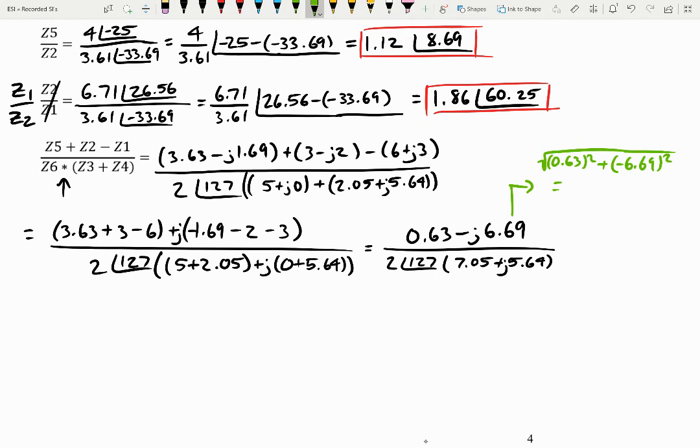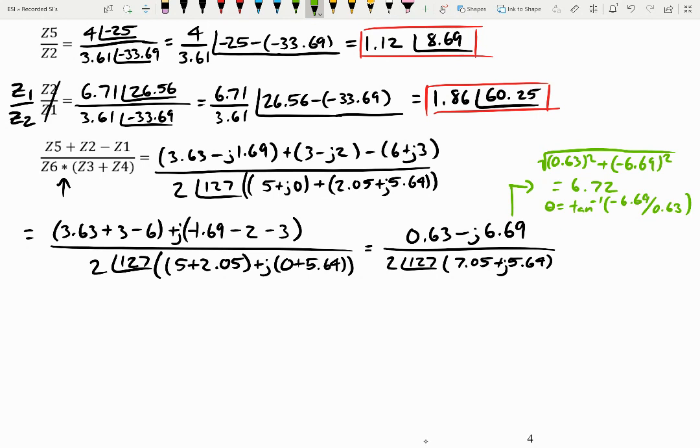Okay, 6.72 for our magnitude. And then our theta angle is going to be the tangent inverse of negative 6.69 divided by 0.63.